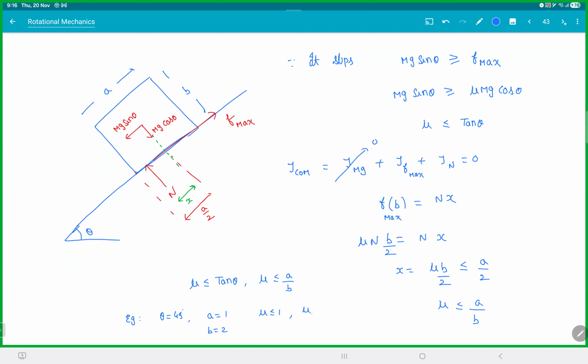The second condition says mu is less than half. So the answer will be mu is less than half, isn't it? I can play the other way also. Let's say a is 2 and b is 1. Then mu will be less than 2. Then theta 45 will dominate. So we're not sure actually. You will take the minimum of these two, the smaller value.